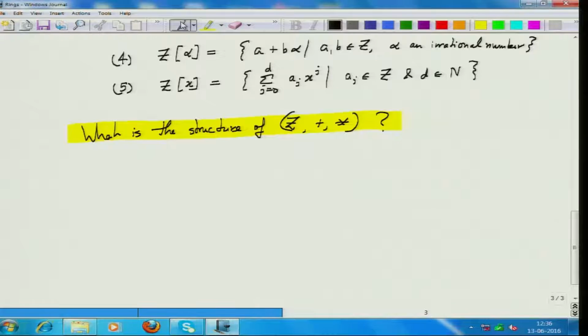So, now we have integers with both addition and multiplication operation, and there is a very nice structure that has been found in this ring, which is called the fundamental theorem of arithmetic.